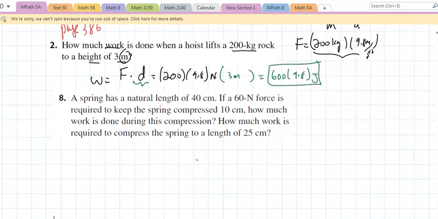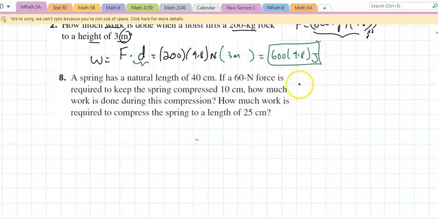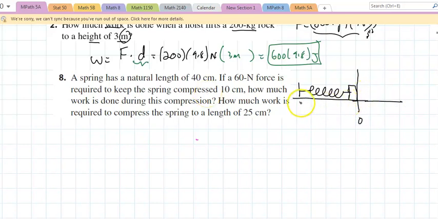But if I look at number 8, I notice that we have a spring, and we're going to assume halfway is 0. It really doesn't matter as long as you label it to be a point. Let's say right there is 0, so you let it rest. A spring has a natural length of 40 centimeters.